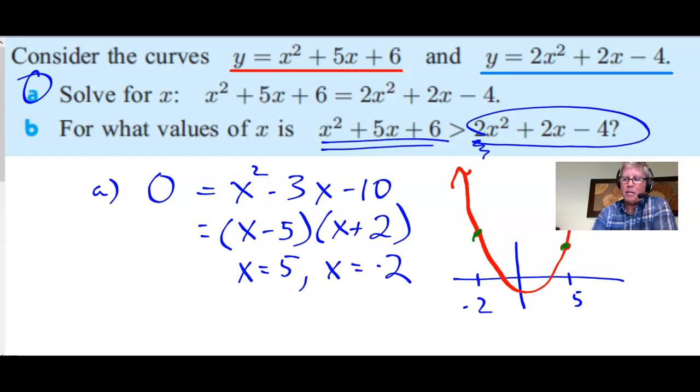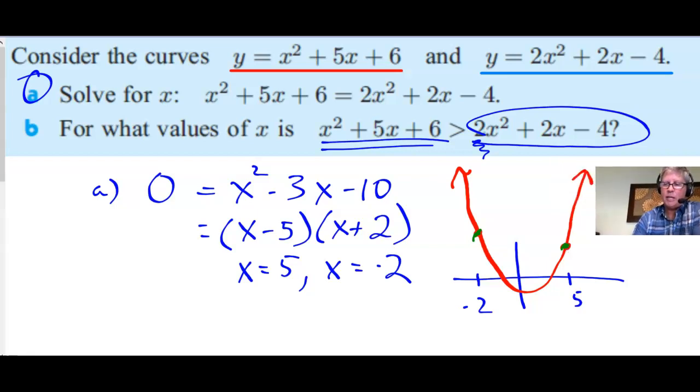So wouldn't it be something like this? I love it in math, you can use the geometry to answer the question.